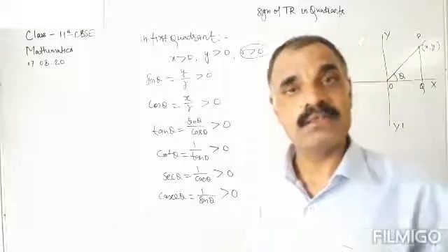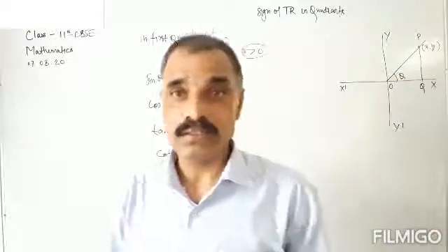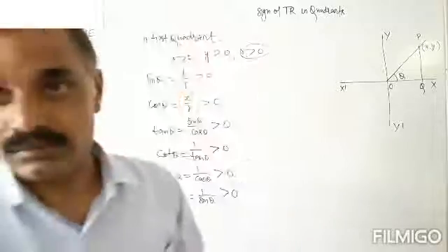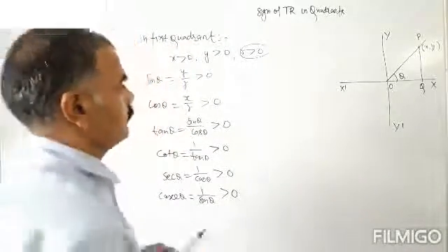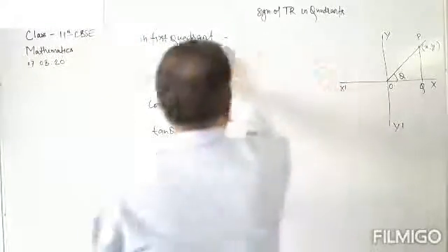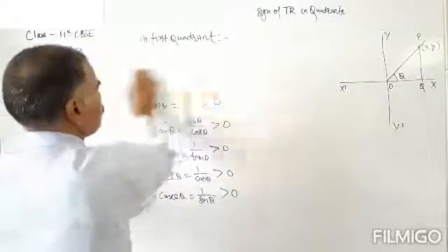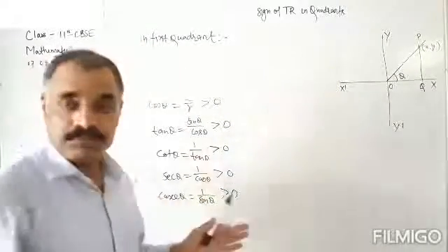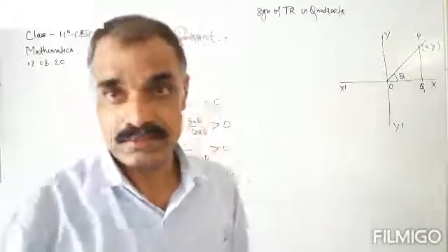Now we will discuss the sign of trigonometric ratios in second quadrant. All the trigonometric ratios in first quadrant are positive. Learn this.